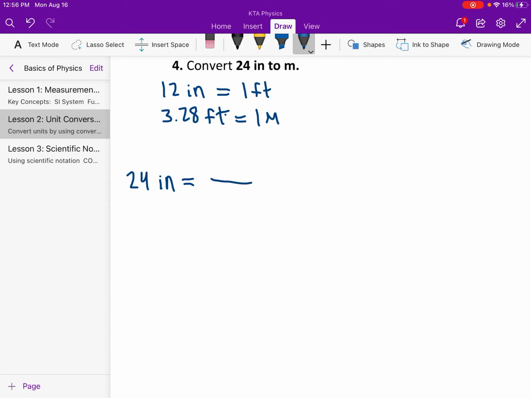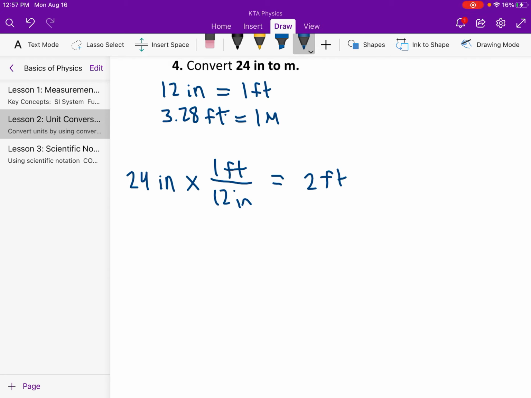You probably already know 2 feet, but just to show you how you would do it. Sometimes I accidentally put an equal sign. Okay, different unit on top, same unit on the bottom. So that means 24 times 1/12, which is 2. You might have already known that though, but that's okay.